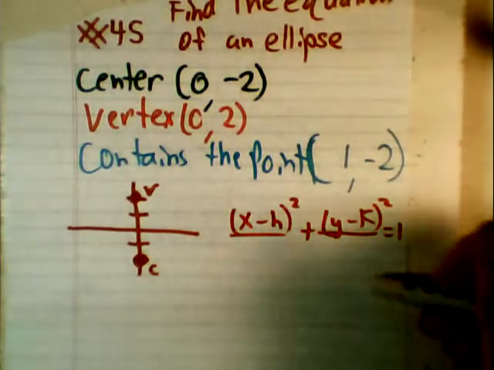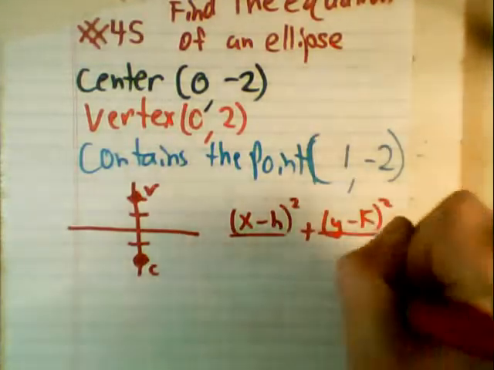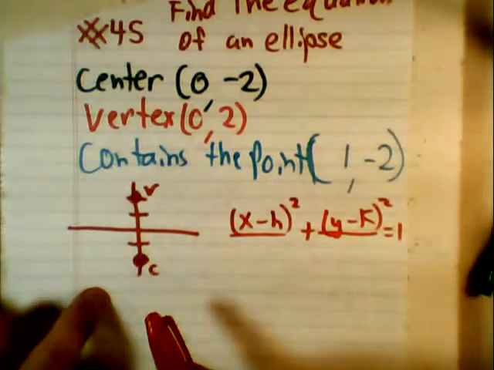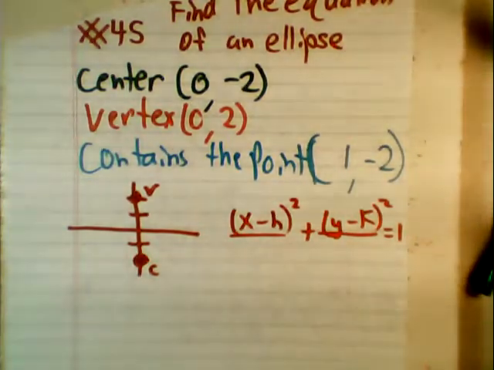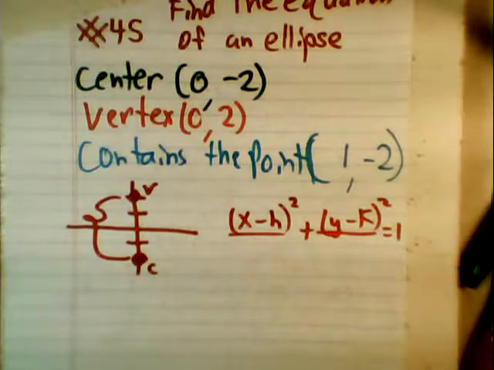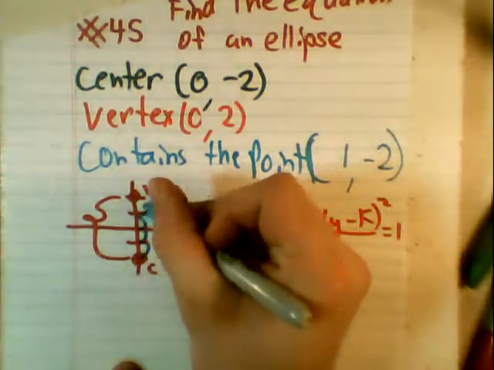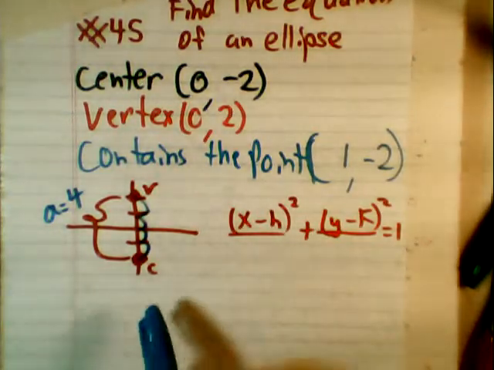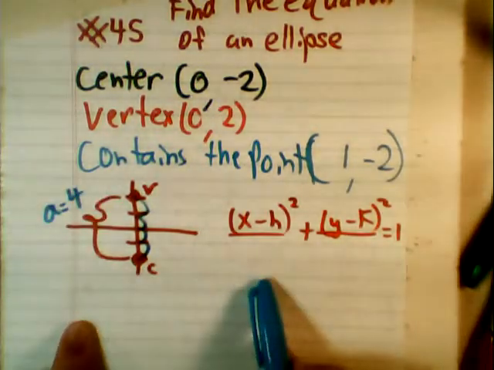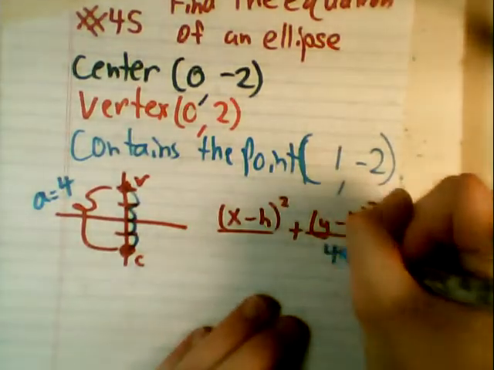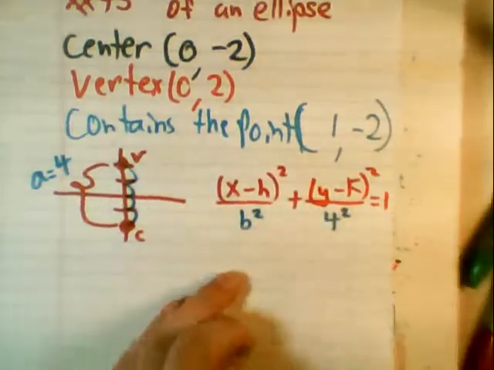If it's a vertical ellipse, then a is under the y, and if it's a horizontal ellipse, then a is under the x. Looking from here, we know that our a value is the distance from the center to the vertex. That's 1, 2, 3, 4. So a equals 4. And because that was vertical rather than horizontal, our a goes under our y. So it's 4 squared, and this is b squared.